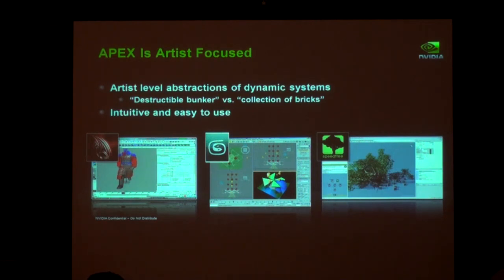Maybe puts in a cloth banner or so. And so in the level editor, you can basically compose physics without having to write C++ or a whole bunch of code to make it all work. And then just literally says go, and it all simulates correctly. So that's the key idea behind Apex. And again, we have integrations into Maya and SpeedTree and Softimage and all the DCC tools, Max.